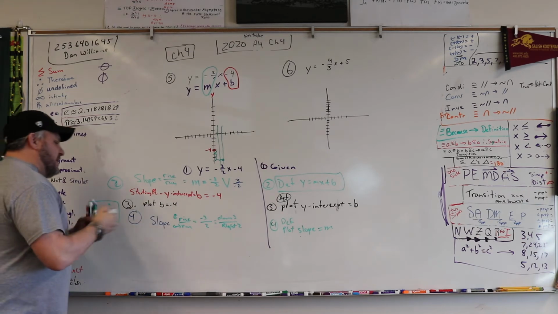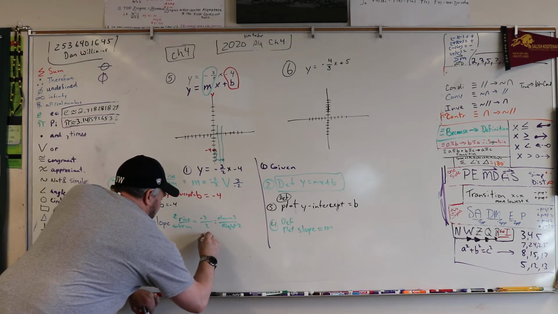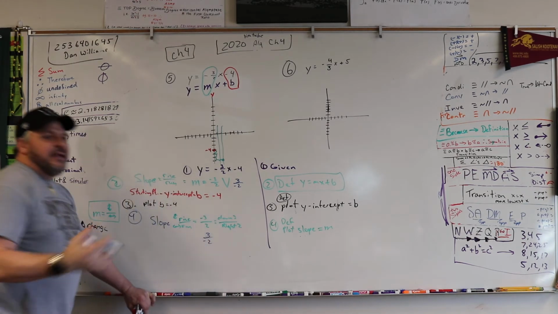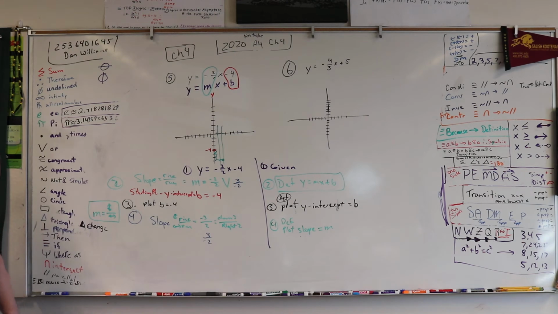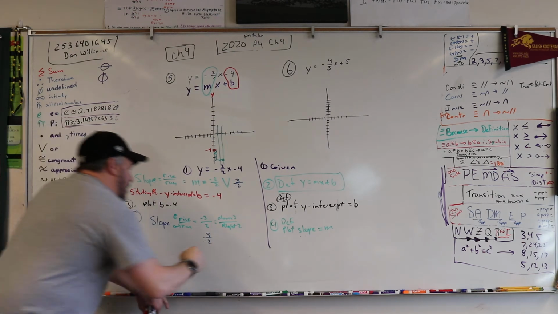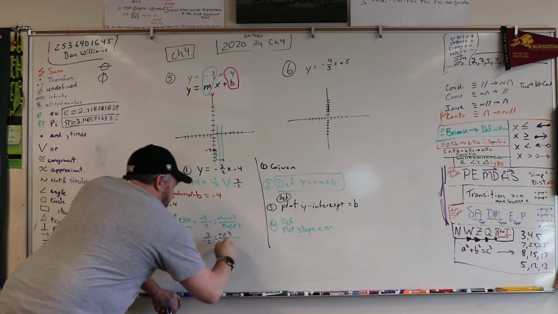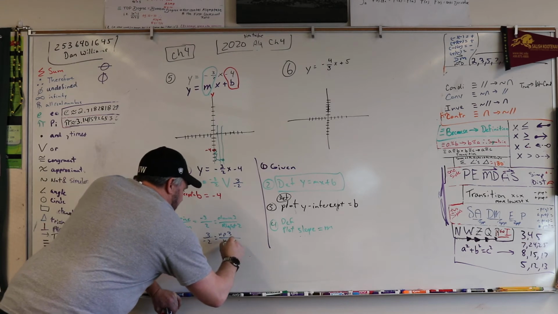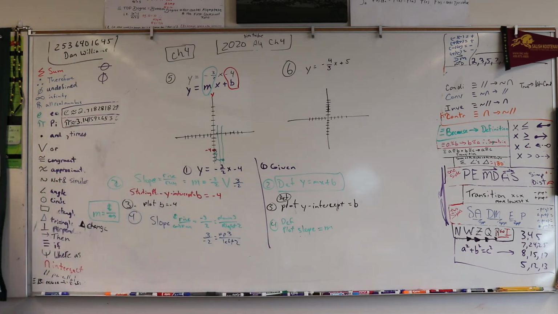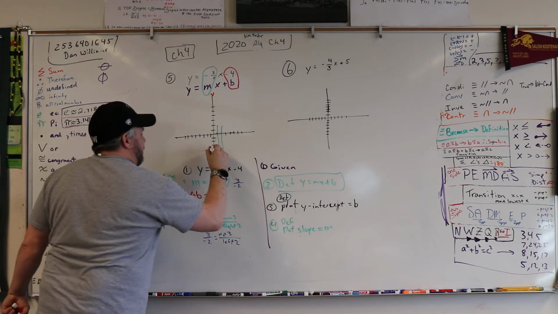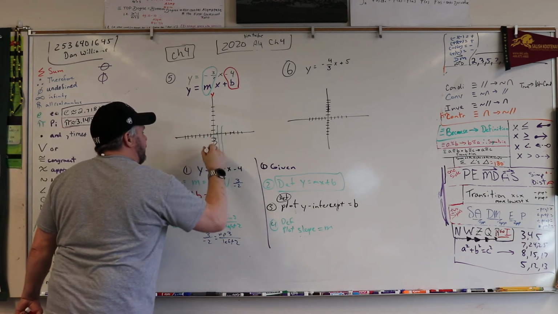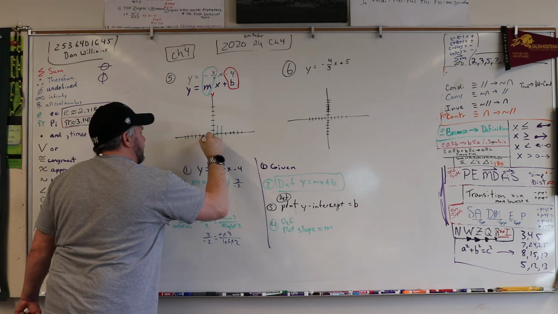And in this case, we also have 3 over -2, right? So +3 on the top means up 3. And the bottom, if it's negative, we're going to go left 2. And you'll notice we go up 3, 1, 2, 3, and left 2, 1, 2.